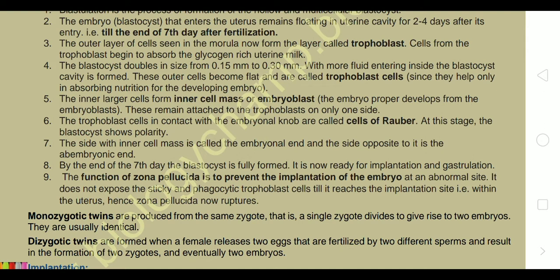The zona pellucida of an ovum remains with the zygote from its zygote stage to morula, then blastula, and when the embryo cells start forming, it ruptures on reaching the uterus.